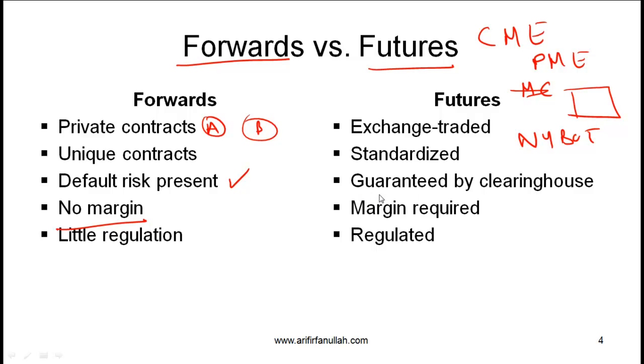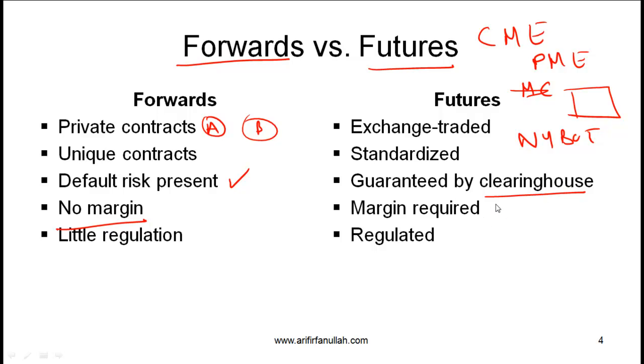Futures contracts are guaranteed by the clearinghouse. I've alluded to this earlier. When you take a long position in, say, a cotton contract, your counterparty is the clearinghouse. And since the counterparty is the clearinghouse, you can essentially be guaranteed that there will be no default.